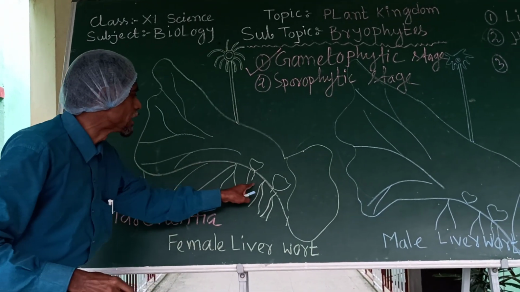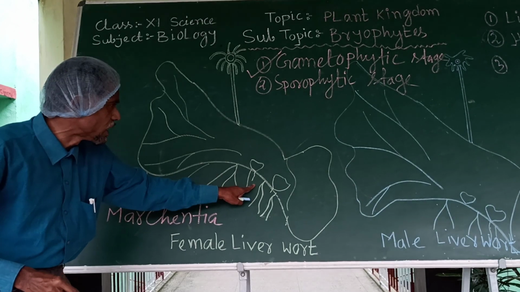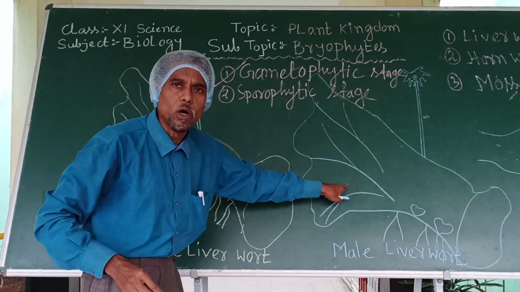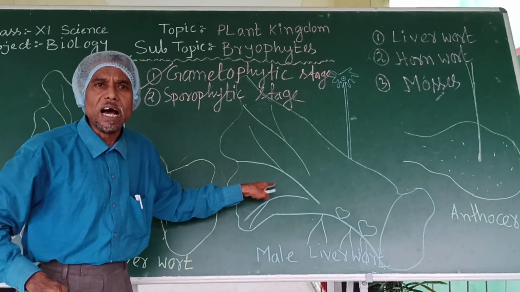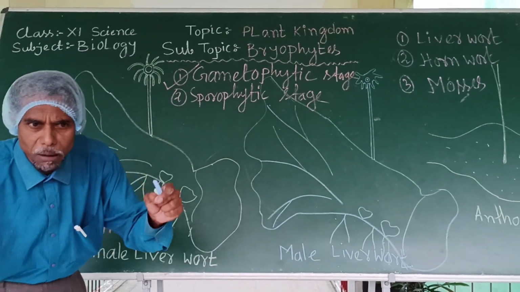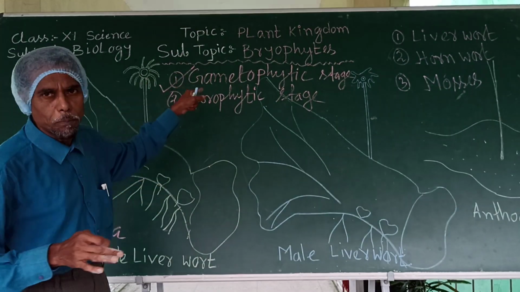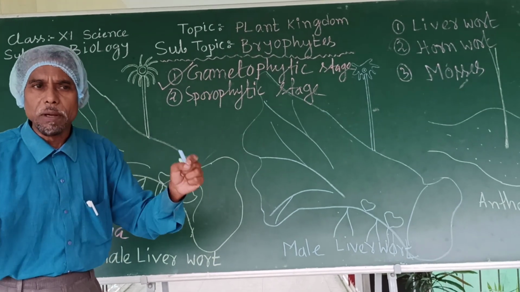This is the thallus body of a female Marchantia. This is the thalloid body of male Marchantia. They are amphibian plants. All the members of bryophyte are amphibians.